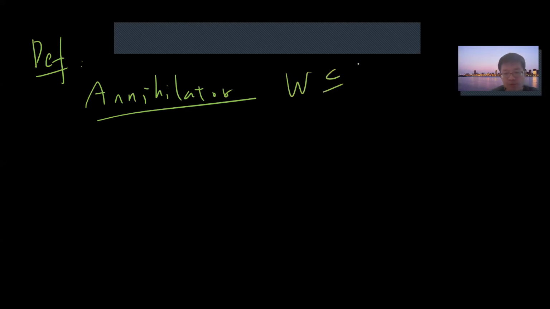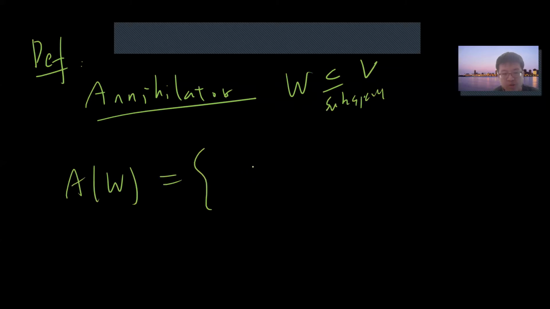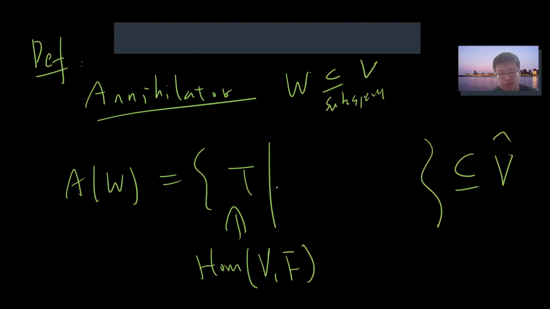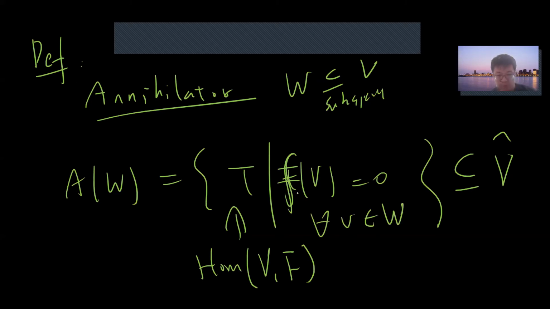So you take a subspace W of V, and then you can define the annihilator of W, A(W), which is all the linear transformations in the dual, basically Hom(V, F), such that f(v) is 0 for all v belongs to W. So which is all the linear maps that will annihilate all the vectors in W, which is a subspace. You can prove that it is obviously a subspace of V dual.